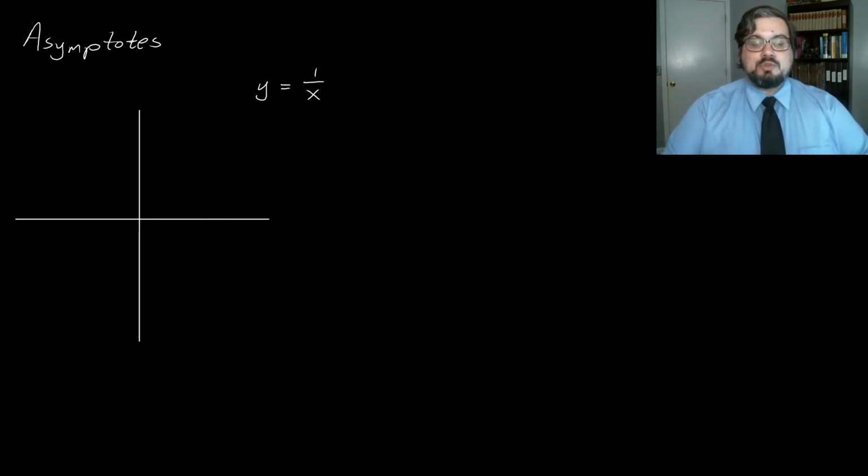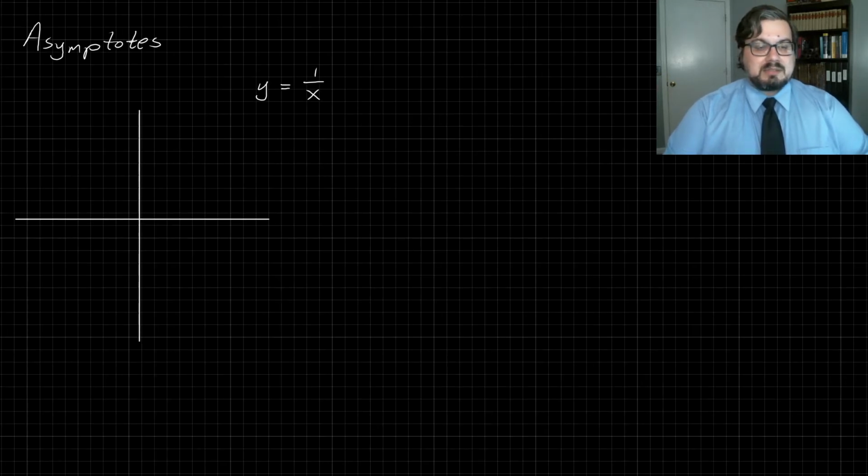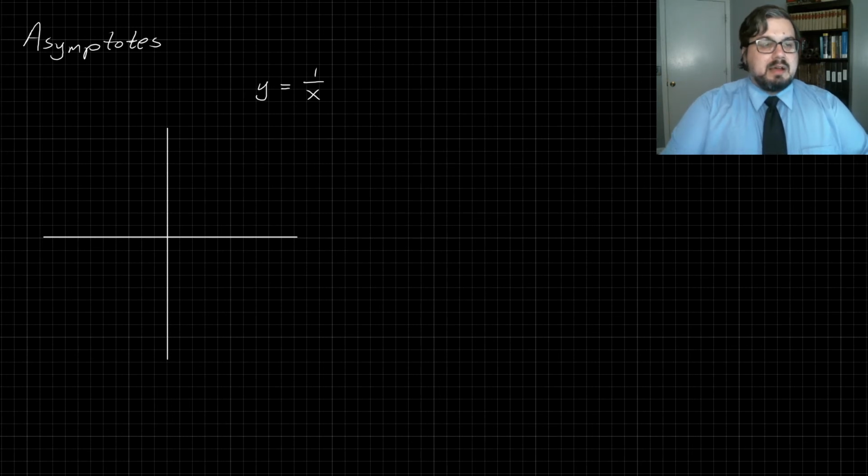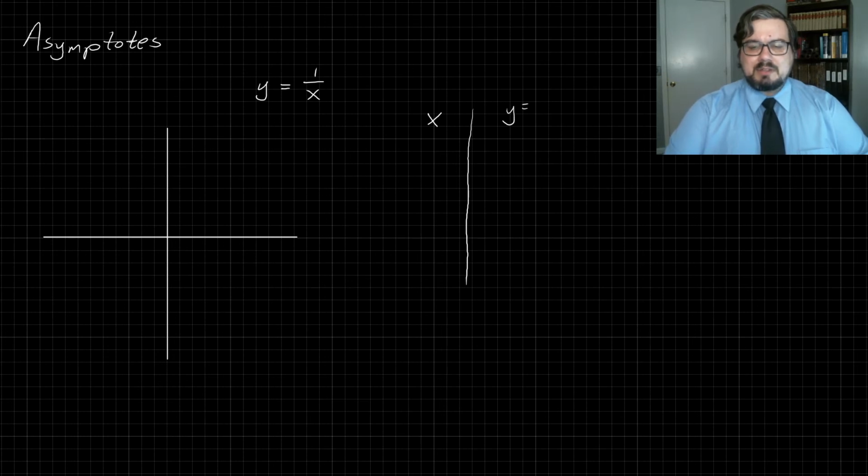Now, in order to see what the graph of y equals 1 over x looks like, let's go ahead and plot some points. So let's take this grid and put it here. Let's take some x values and get the y values that go along with that.